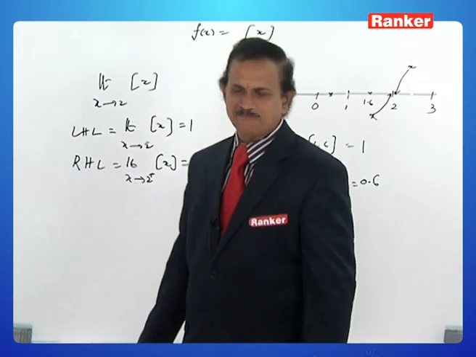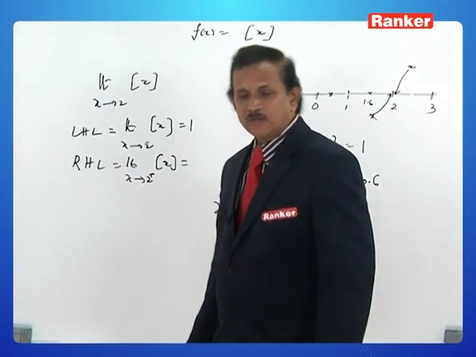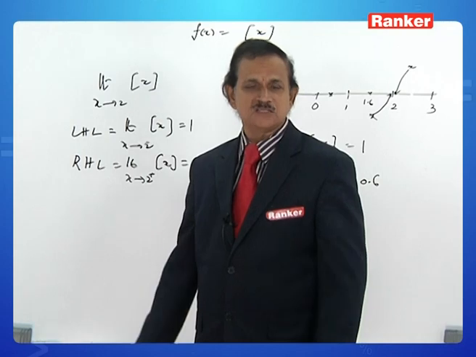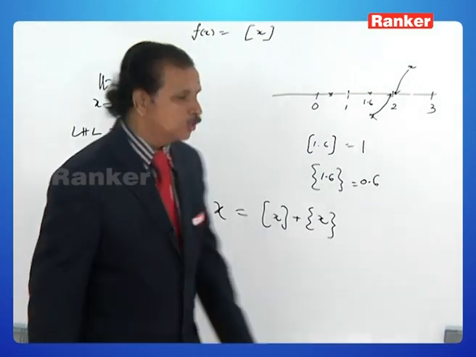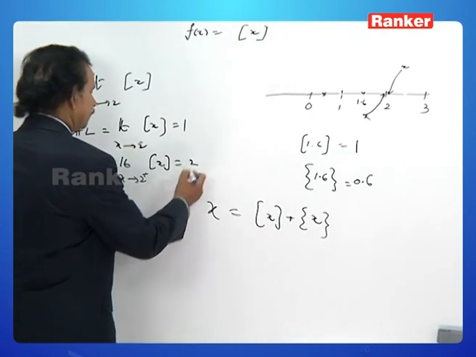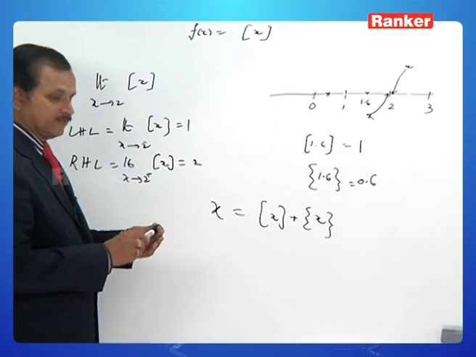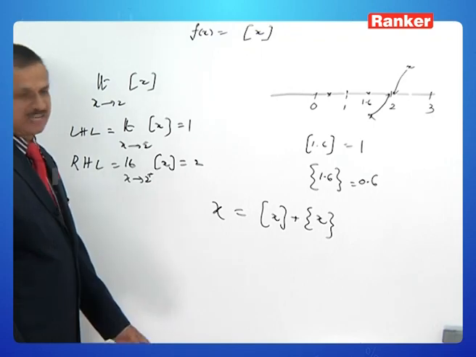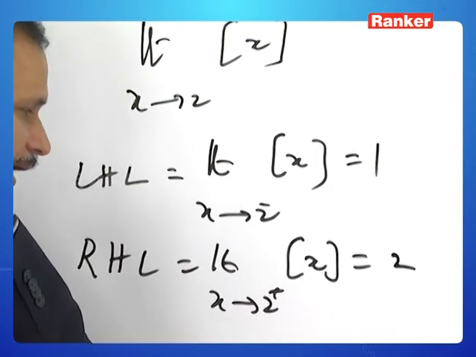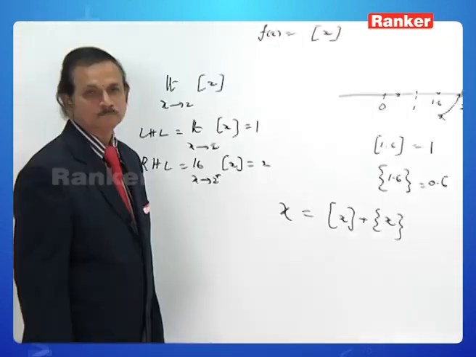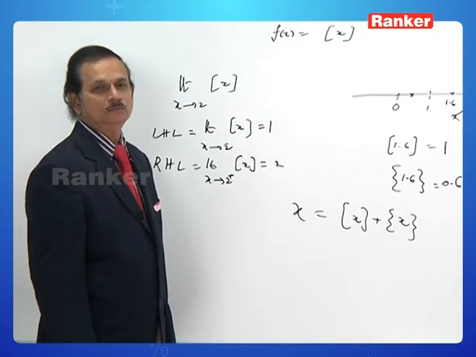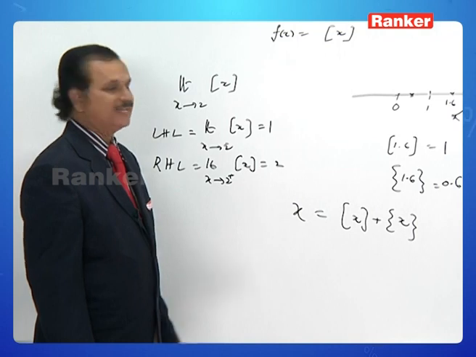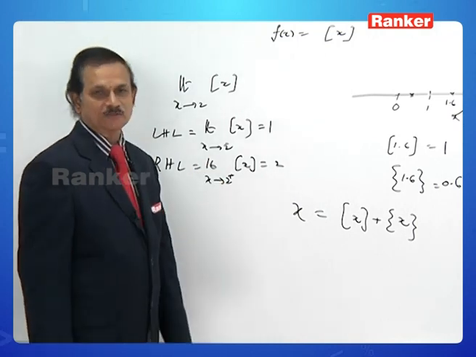So it can take a value like 2.00001. In that case, what is the integral part of that? 2. Hence, it is 2. Anybody can say without any effort or step that LHL and RHL are not equal here. Therefore, the limit of f of x as x tends to 2 does not exist.